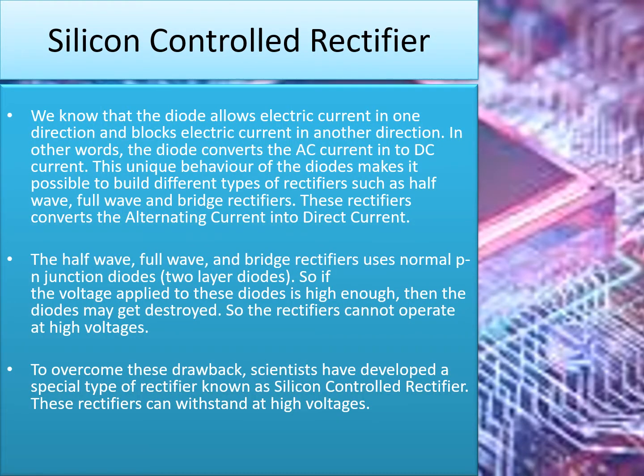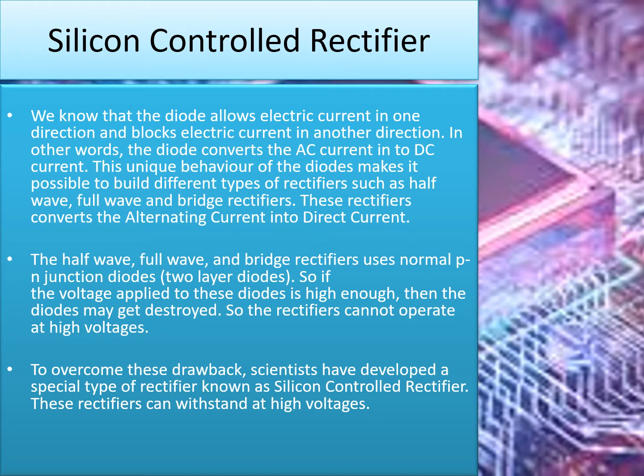Now, I will explain about silicon controller rectifier. We know that the diode allows electric current in one direction and blocks electric current in another direction. In other words, the diode converts the AC current into DC current. This unique behavior of the diodes makes it possible to build different types of rectifiers such as half-wave, full-wave, and bridge rectifier. Those rectifiers convert the alternating current into direct current.